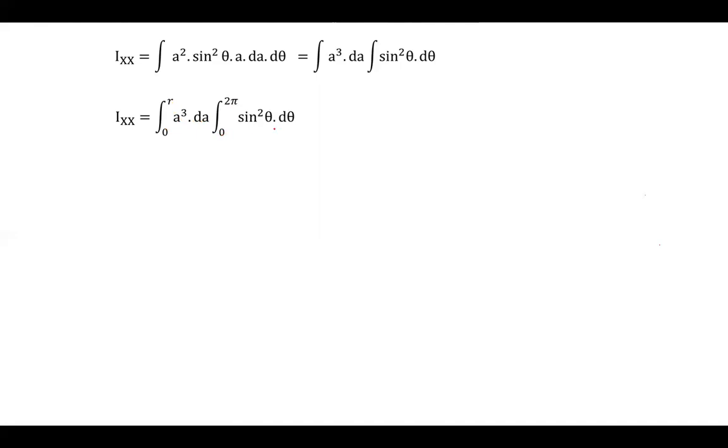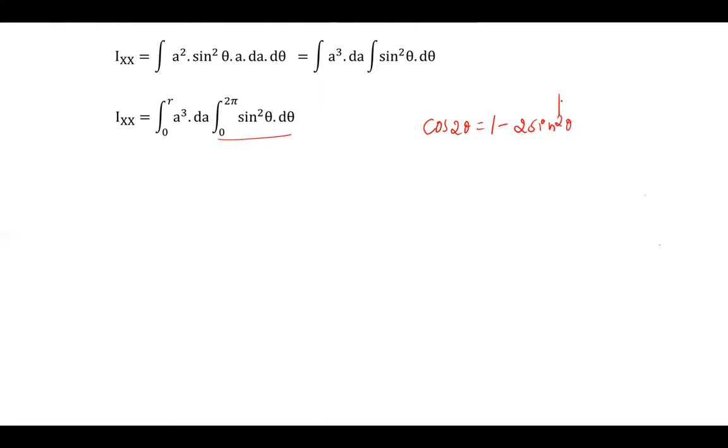So let us first do one part of the integration, and then we will take up the other. We know that the integration of sine square theta will be difficult, so we will convert this sine square theta into a linear term, and then take up the integration. We know that cos 2 theta is equal to 1 minus 2 sine squared theta.